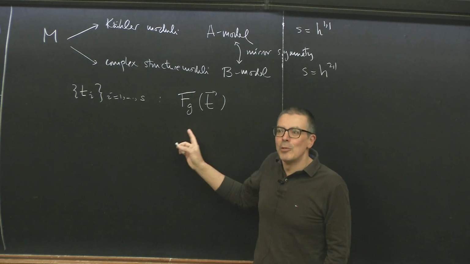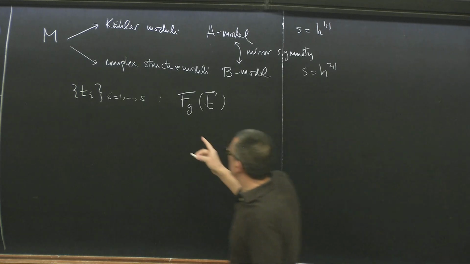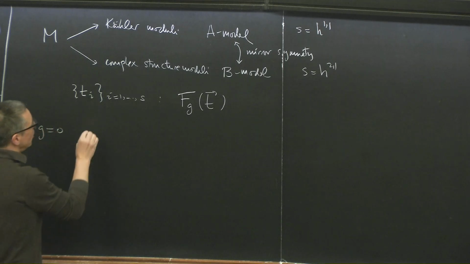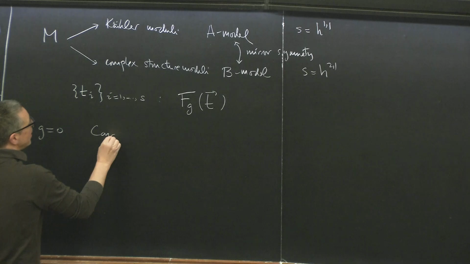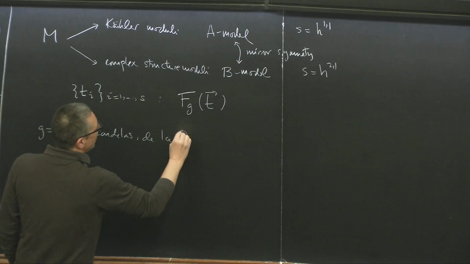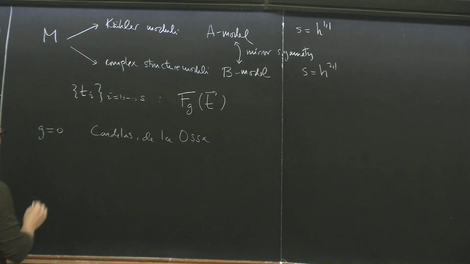Now, the history of how this was calculated by string theorists is a very interesting thing. So for genus 0, the first calculation of this quantity was by Candelas, de la Ossa and company, who actually, thanks to mirror symmetry, could calculate this.